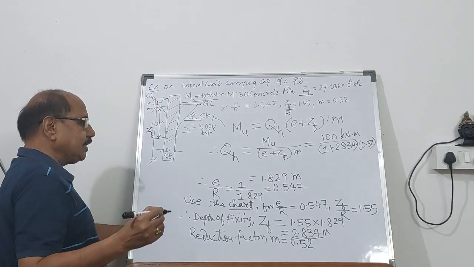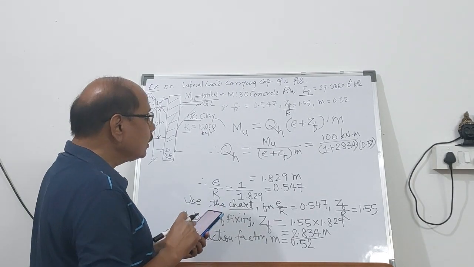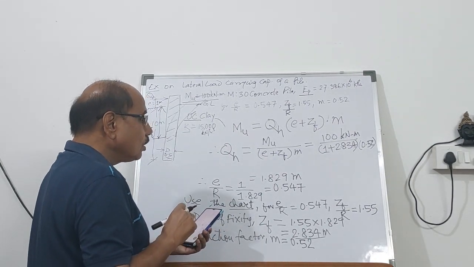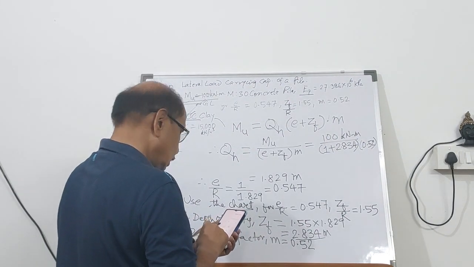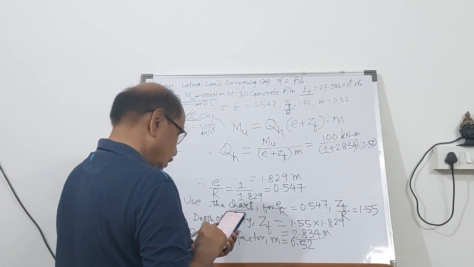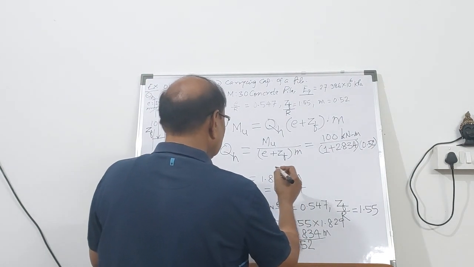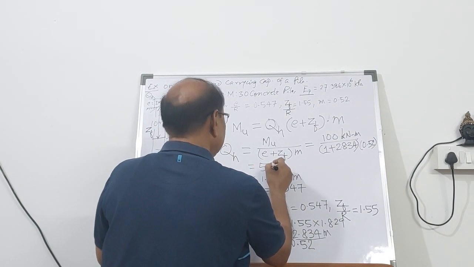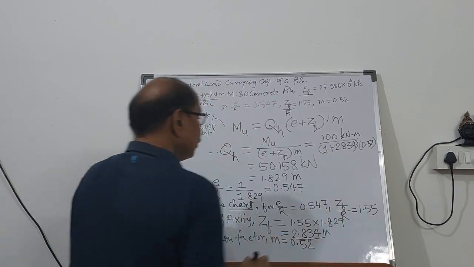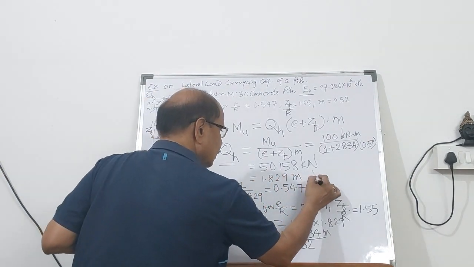QH can be easily calculated. QH equal to 50.158 kilonewton. Therefore, QH can be found out.